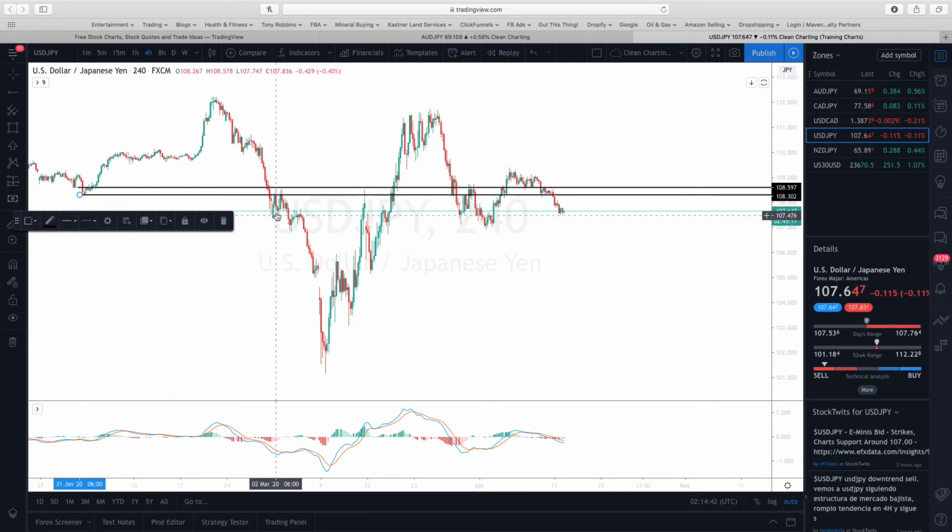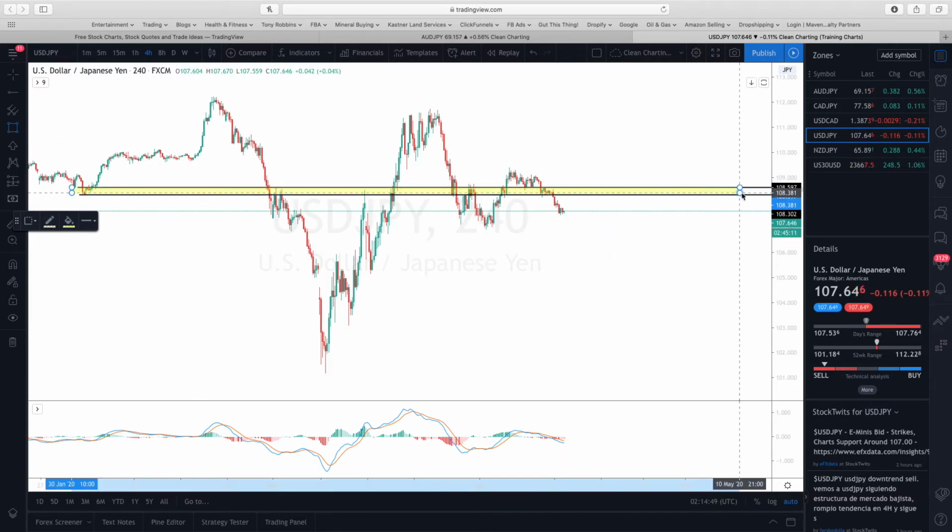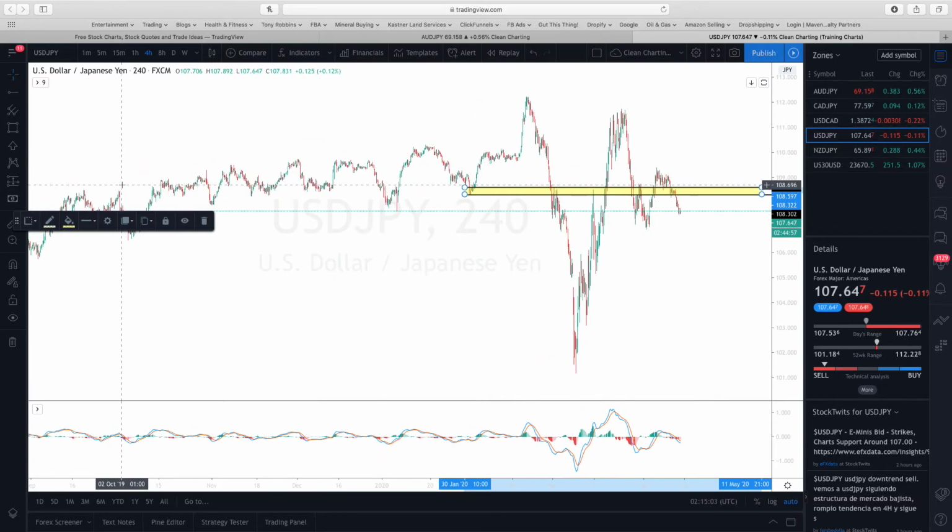These little tiny retraces, you don't want to have a million zones all over your chart. That just clutters the chart, makes it difficult to read. But as you can see here, we came down, pushed, rejected off, right? As we broke through it, came up, retested it, went down, retested, and then really went down. So we know this is a high probability zone.